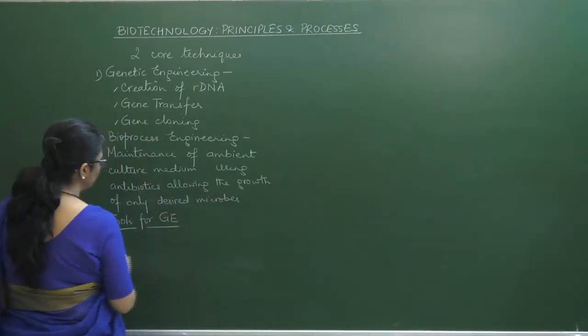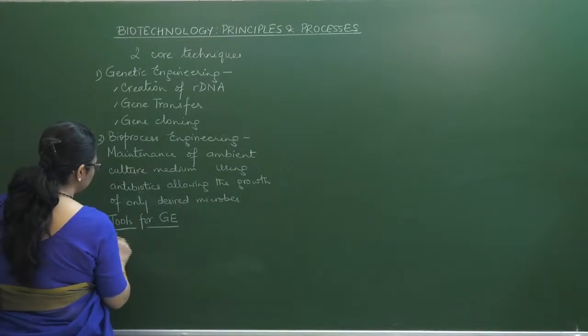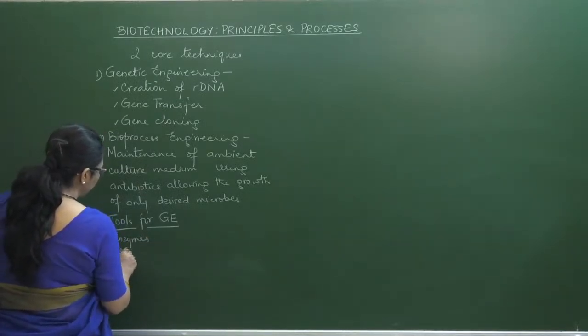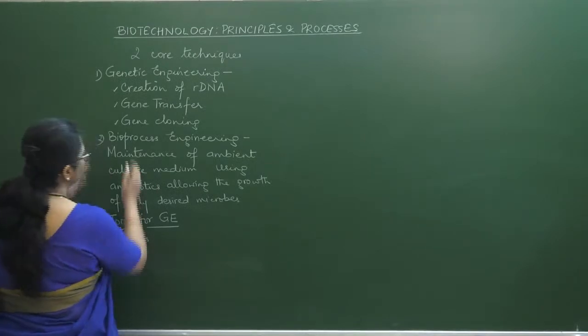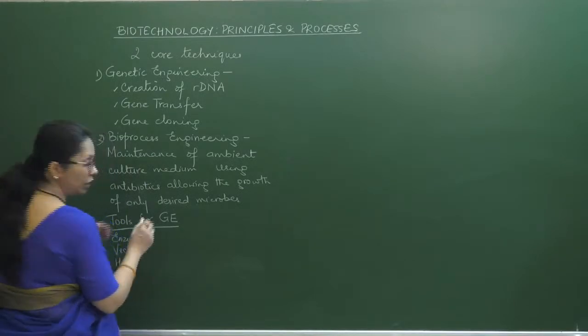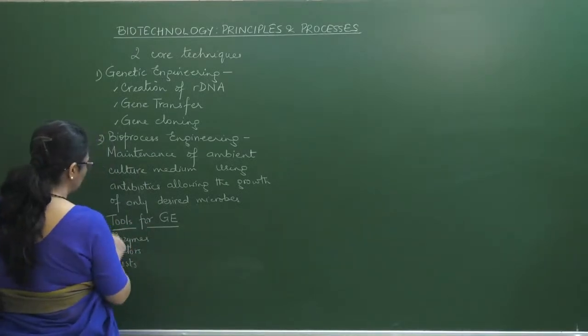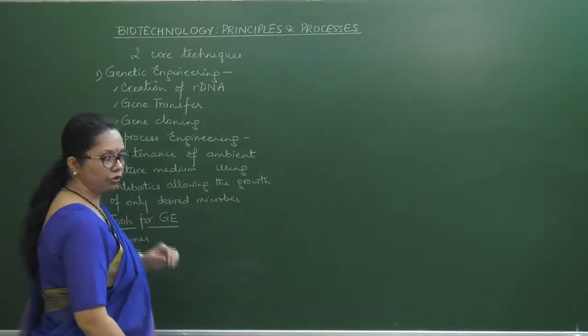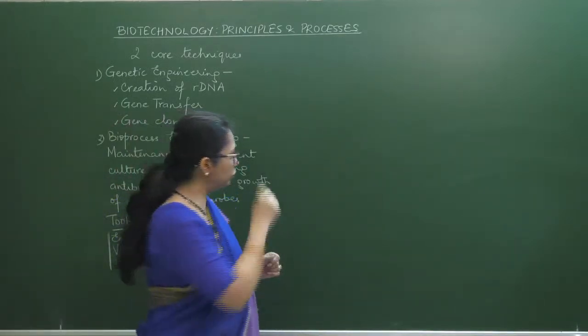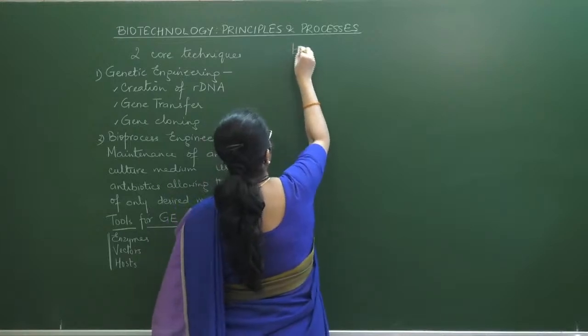So tools for GE, one is enzymes, then other is the vectors which will be required for gene transfer, and of course the hosts, in which this gene will be multiplying. So we require these three things. And so first one, starting with enzymes.